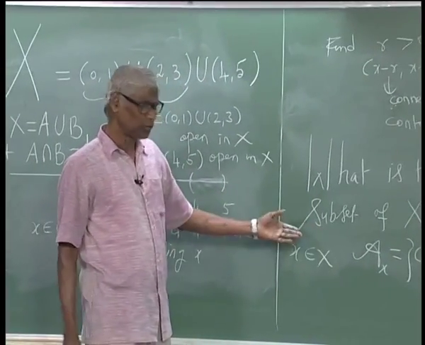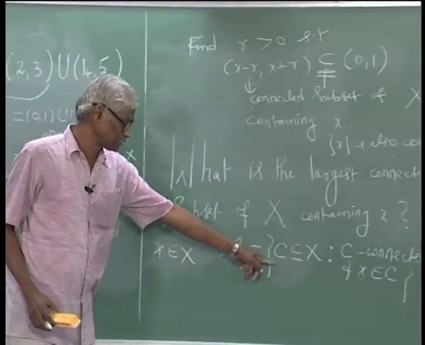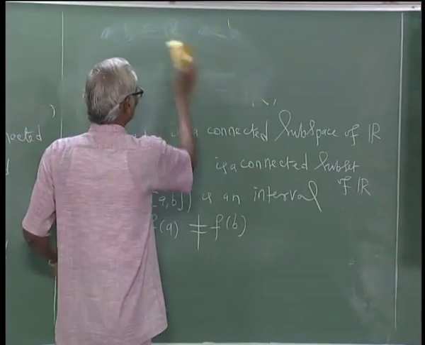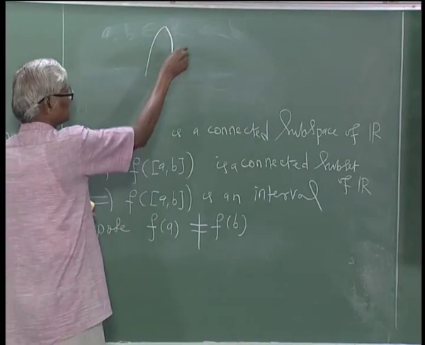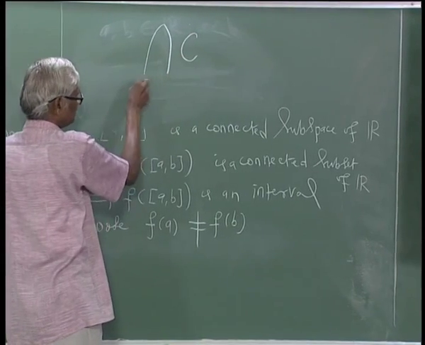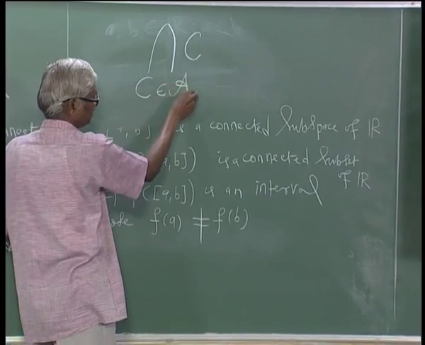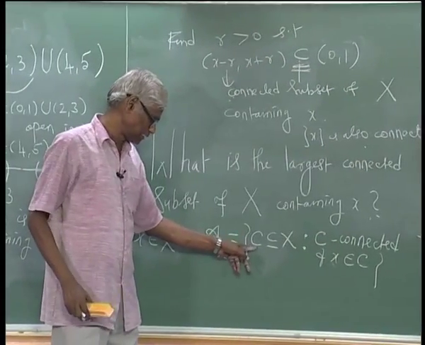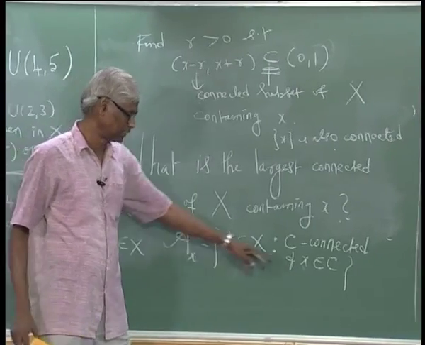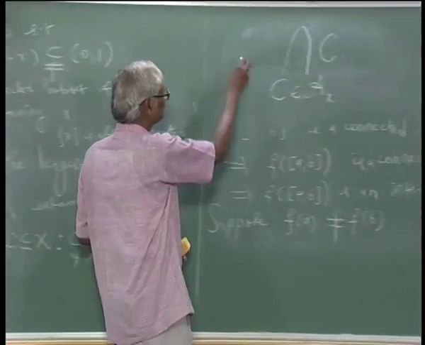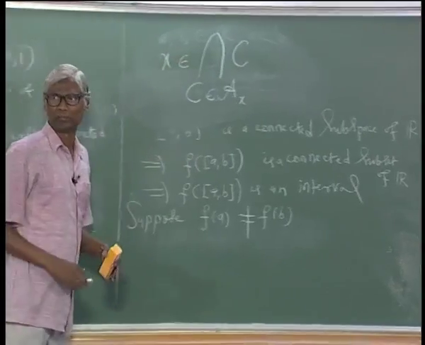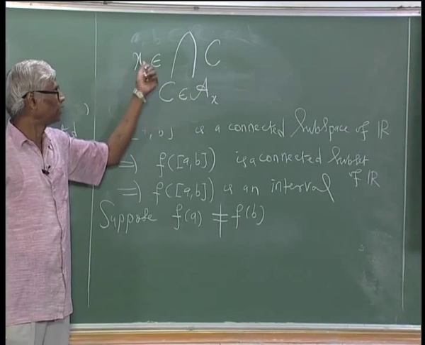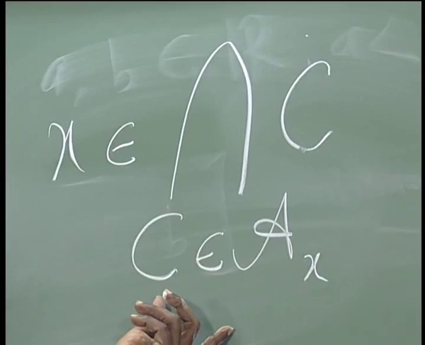Then what about the union? So, this collection is such that the intersection of C belonging to script A_x is non-empty, because if we take any set C, a member of this collection, then x is there, so x belongs to C. So, each is connected, it has a common point, then we have seen that the union is connected.